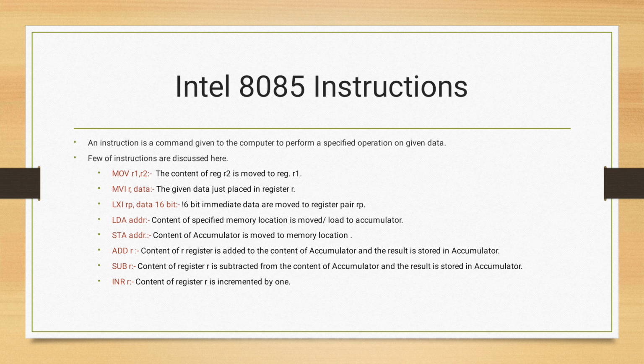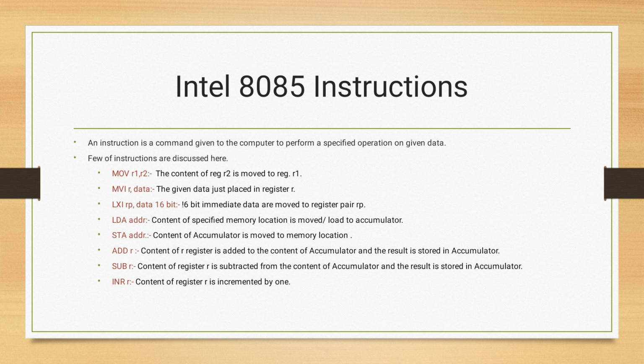MOV R1, R2 means the content of register R2 is transferred to register R1. For example, if I take the instruction MOV A, B, that means the content of register B is moved to register A. This is called a data transfer instruction.